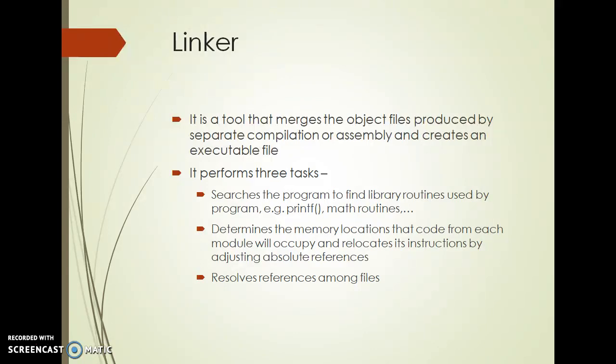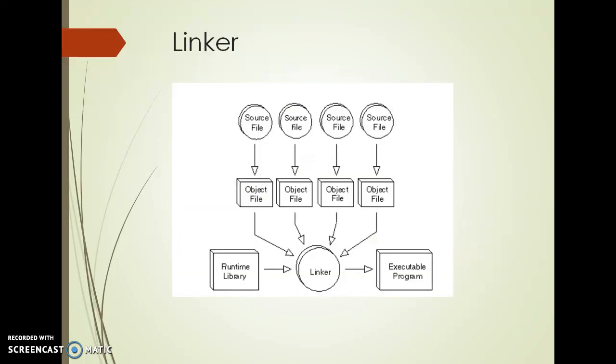So the task of merging is performed by the linker. The basic task performed by the linker is to search the program to find the library routines used by the program, then determine the memory location that code from each module will occupy and relocate its instructions. And it also resolves the references among the files.